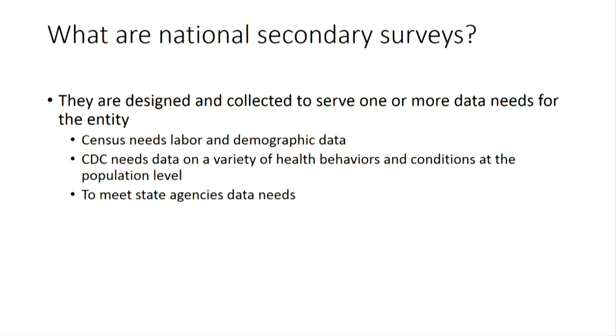And of course they do the census every 10 years, but they also do a lot of annual surveys. One of the more famous ones is the Current Population Survey, where they get labor participation data, like the unemployment rate and those kinds of things. And that has tons of occupational data, tons of demographic data, but it also has some health information through various supplements that they do every few years.